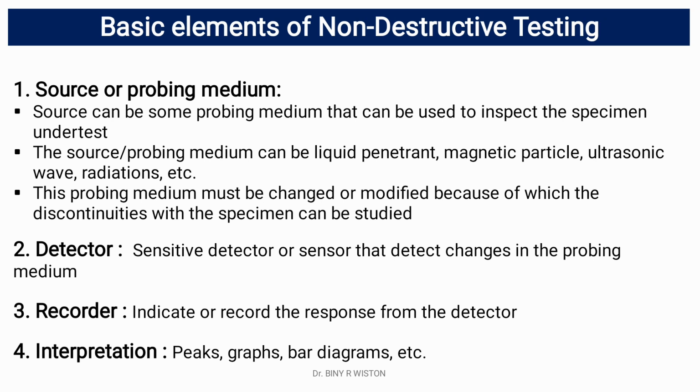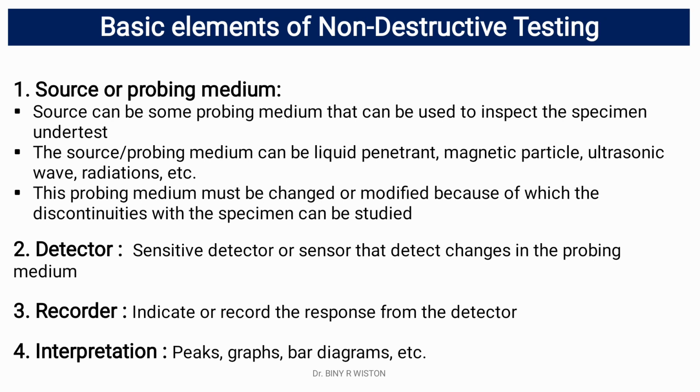The source or probing medium can be used to inspect the specimen under test. It can be a liquid penetrant, magnetic particle, ultrasonic wave or radiation. This probing medium must be changed or modified, because of which the discontinuities within the specimen can be studied.